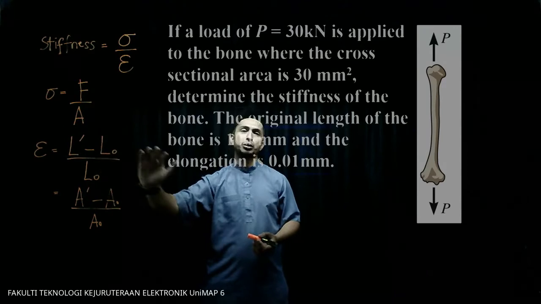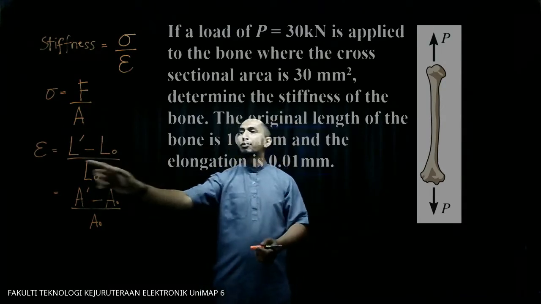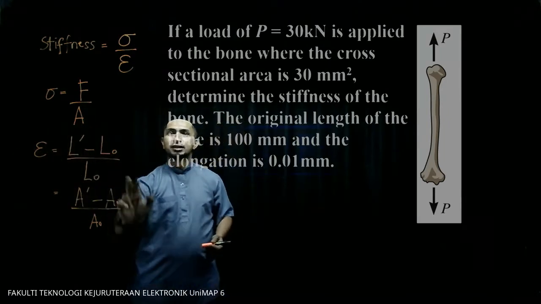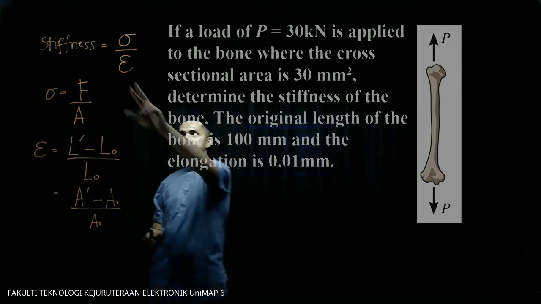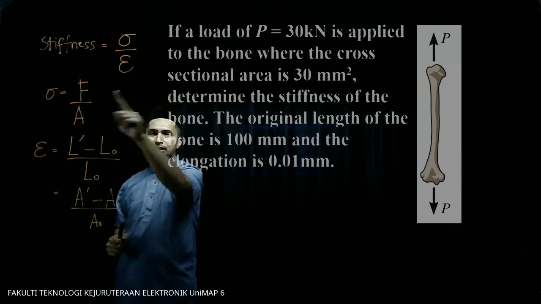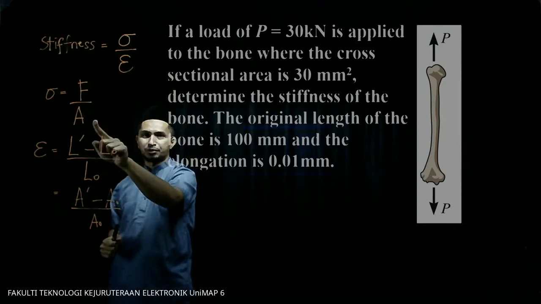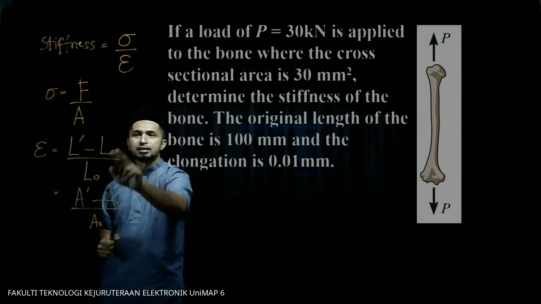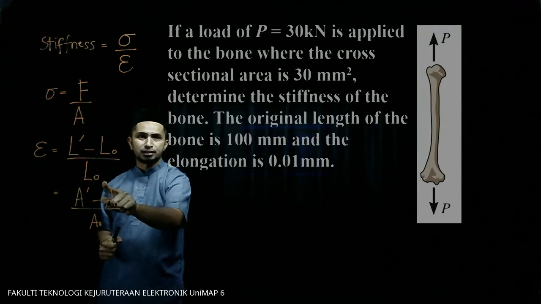Divide by original length. So this is the equation of strain, yeah? Stiffness, again, is the ratio of stress divided by strain. Stress equal to force divided by area. Strain equals to changes in dimensions divided by original dimension.